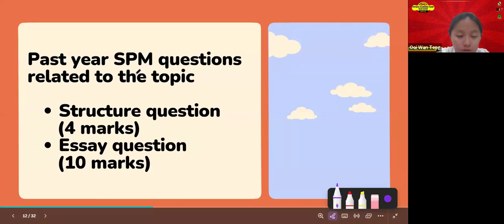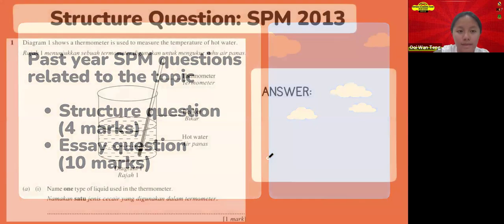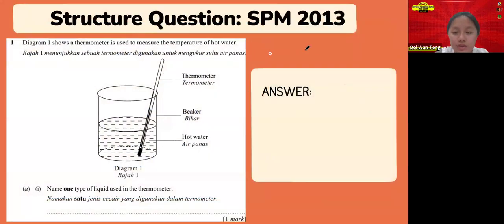Now, there are two past year SPM questions that are related to the topic that I would like to discuss with y'all. I have a 4 marks structure question and also a 10 marks essay question. I would like to start with the structure question first, and it is taken from SPM year 2013.